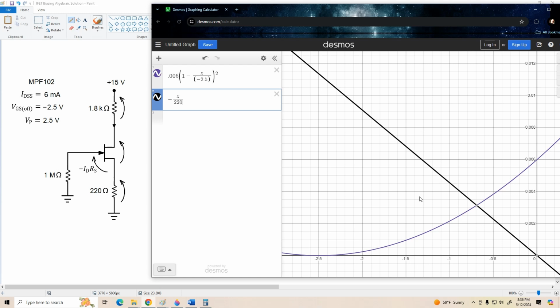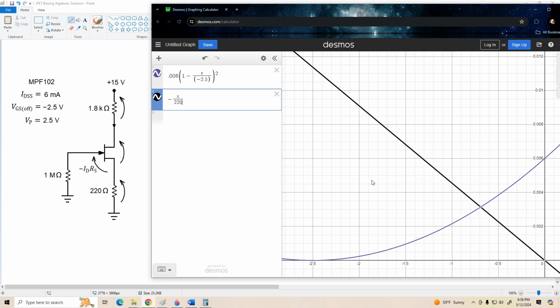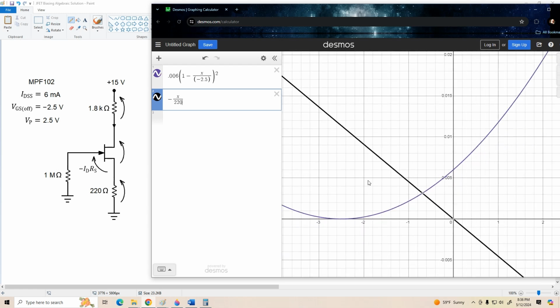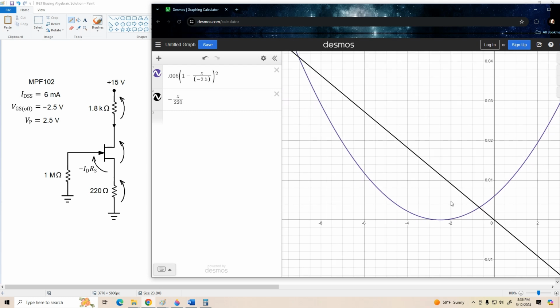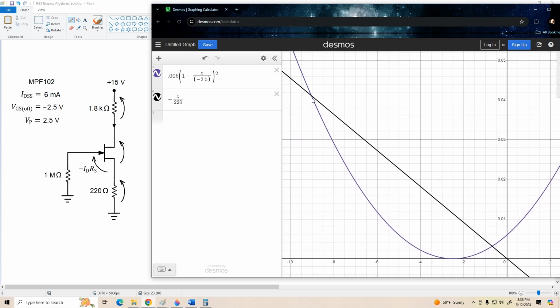So not surprising. But since I've got the entire parabola here, let's take a look and see what that second solution looks like, because that's going to be the intersection of this line with the parabola way up here. And it looks like that's around 45 milliamps or so.